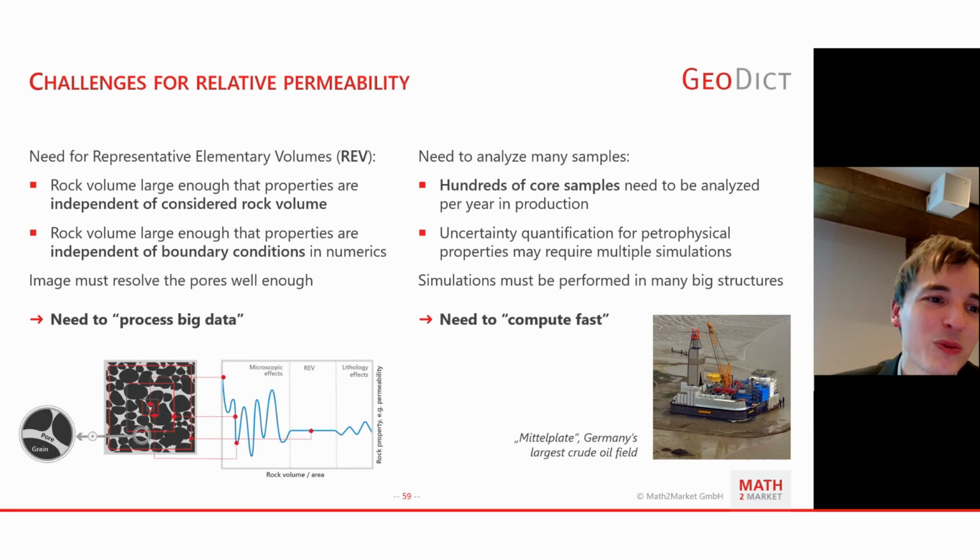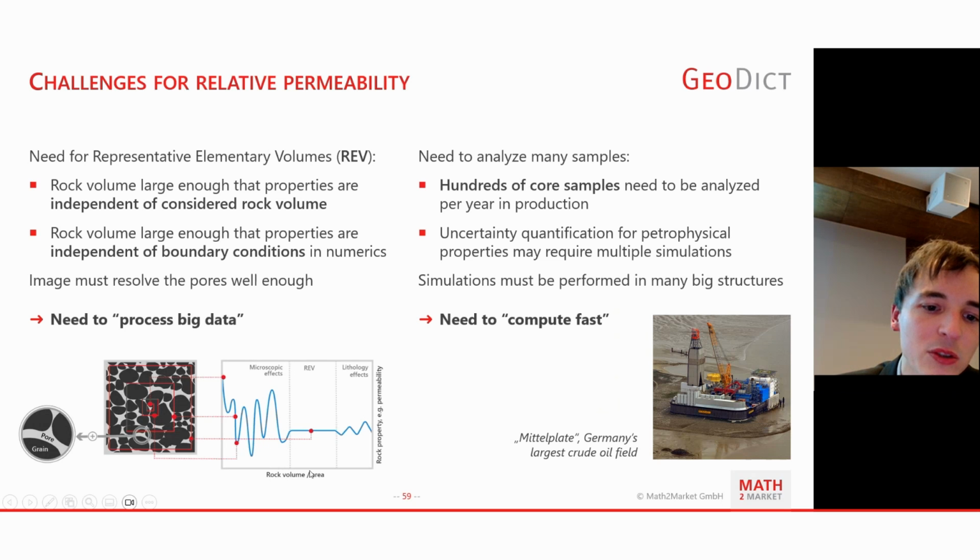The problem, and what we already were talking about, is the representative elementary volume you would need for two-phase flow. So when do I consider my structure to be representative for a whole reservoir phase that I would like to analyze? Or when can I smoothen out these microscopic or lithology effects?